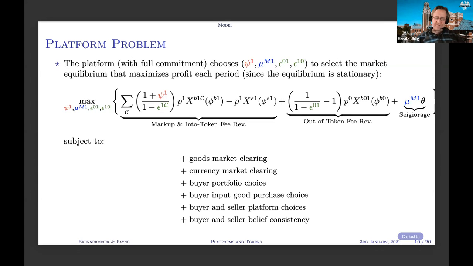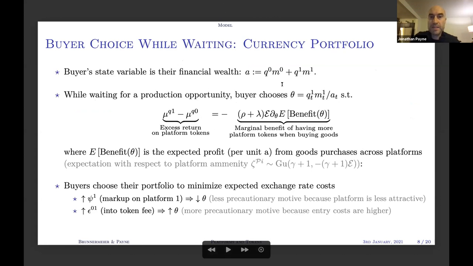I guess it's a question just trying to understand the mechanics here. Because in this case, if we think about the portfolio decisions, what's going to pin down the currency market in the end? We have some expected benefit for holding a particular currency. But if there's full interoperability, there's no particular benefit to holding one currency or another.